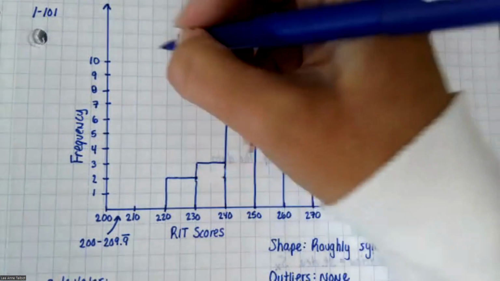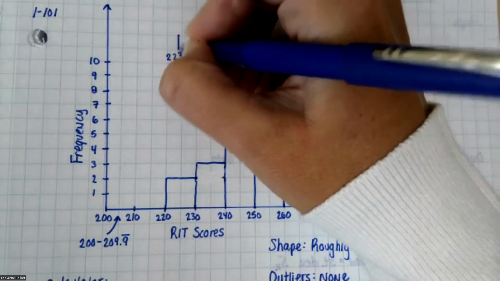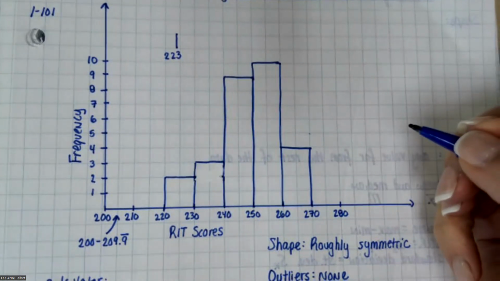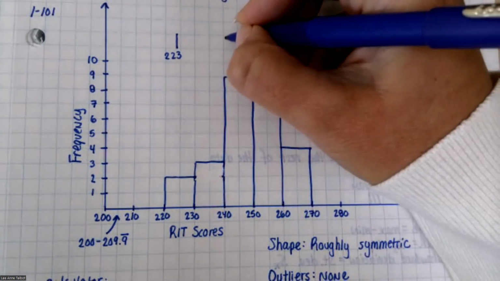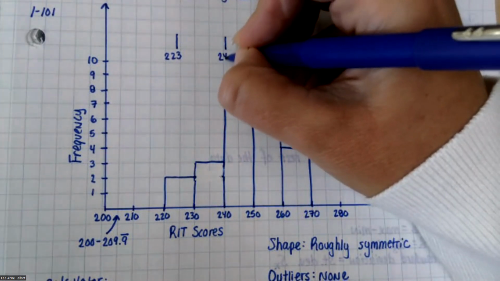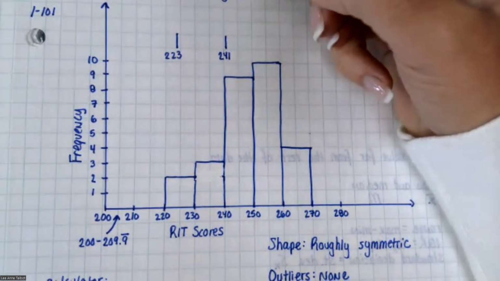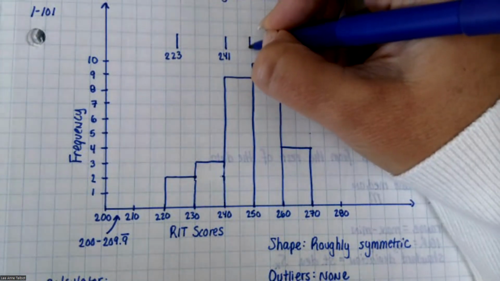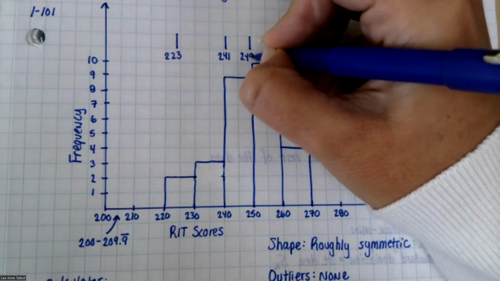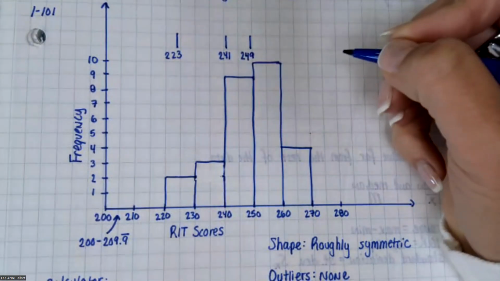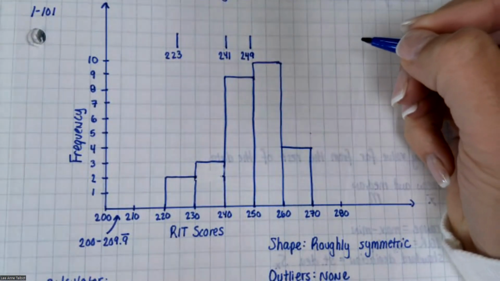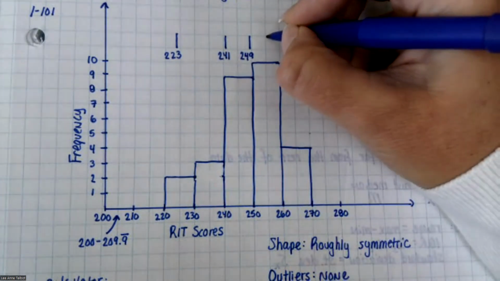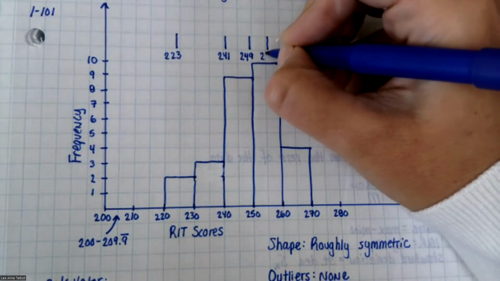223-ish and put a little line there. Quartile 1 was 241, so like right there. The median was 249, so like right there. Quartile 3 was 255.5, so like right there.